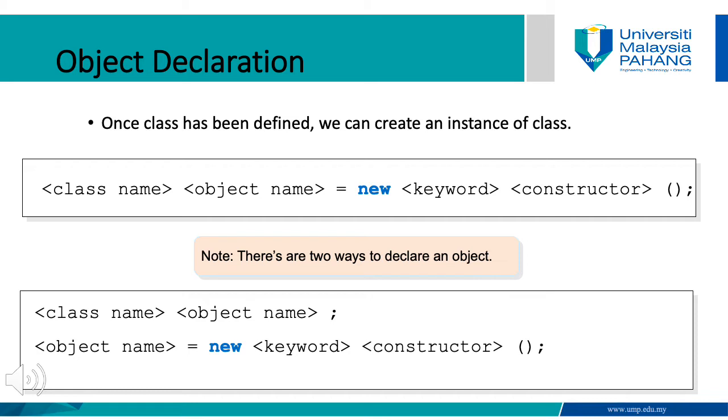But you have to remember there are two ways to declare an object. That's one way. And the second way to declare the object: class name followed by the object name, and then you assign it with the new keyword and the new constructor.